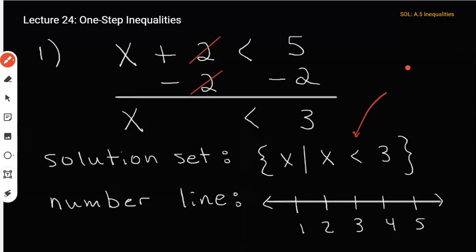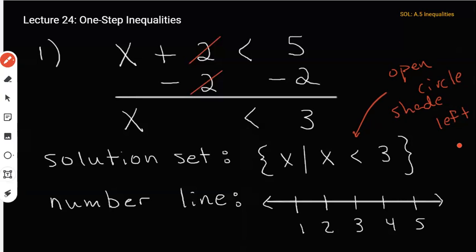Okay, so since I have a less than symbol, I'm going to use an open circle, and I'm going to shade to the left.